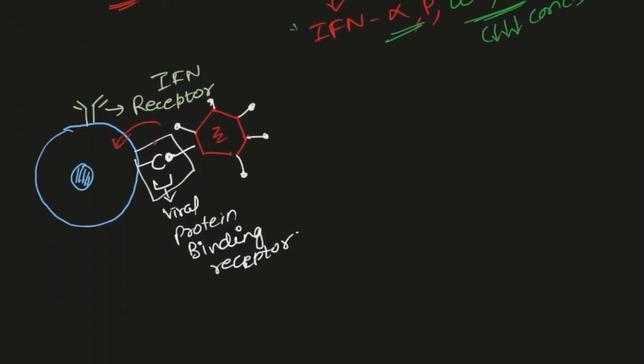Now after it gains entry, it starts to multiply and form its various copies, making the host cell infected.